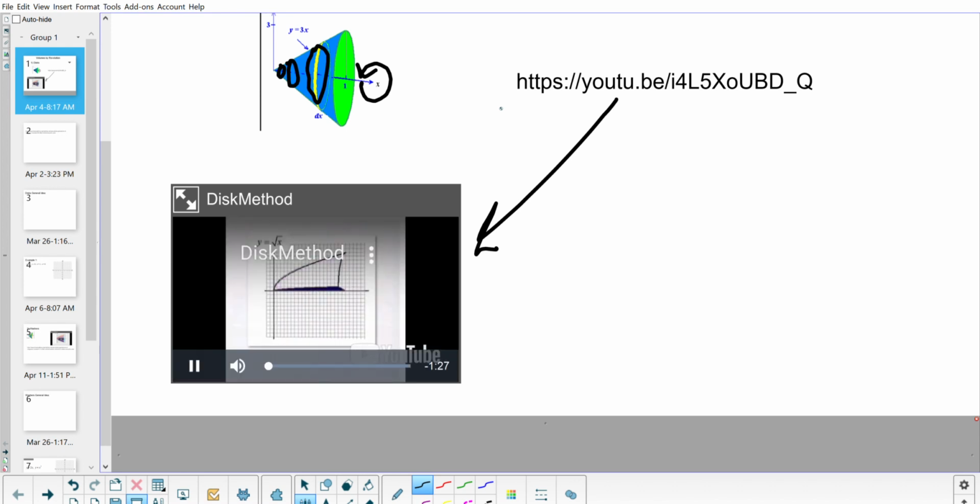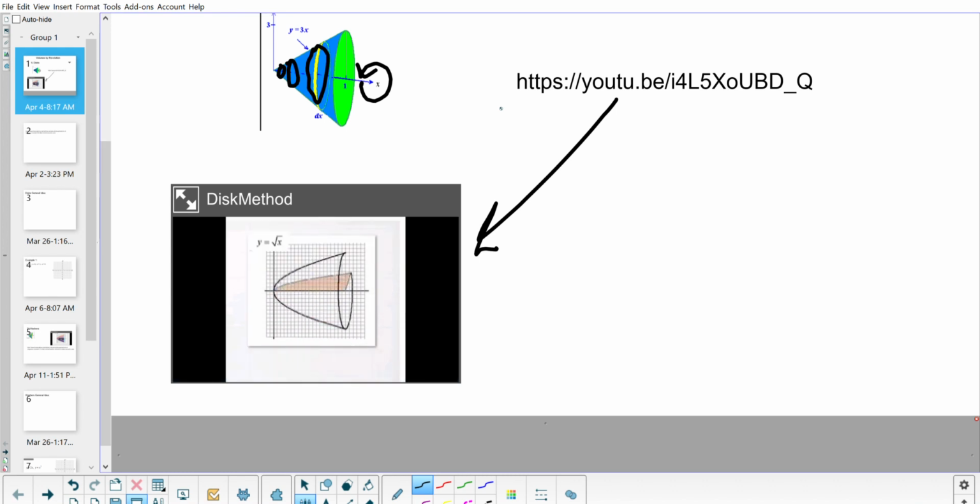This shows what it would look like rotating y equals the square root of x around the x-axis, and instead of a cone, it would be more like a cup, and there is 1 disk. Well, we're going to add up an infinite number of those disks.